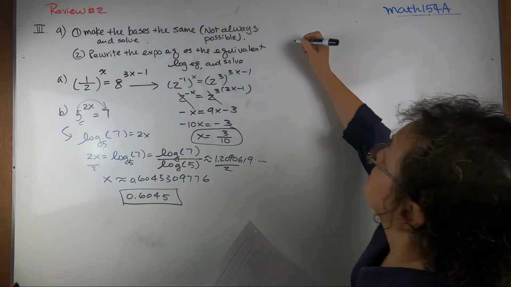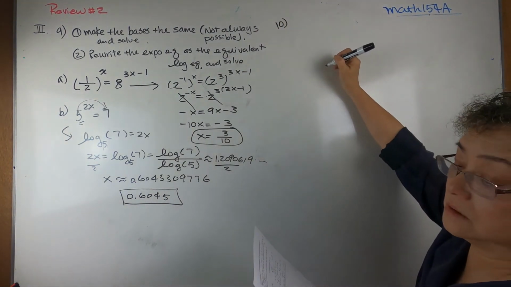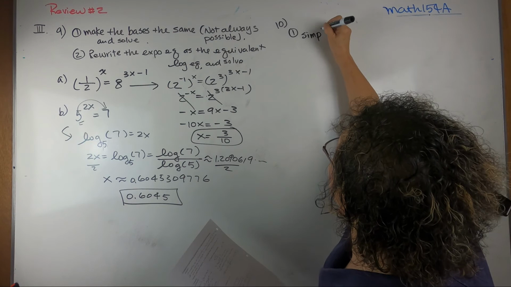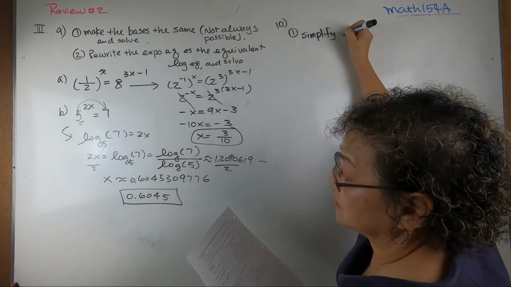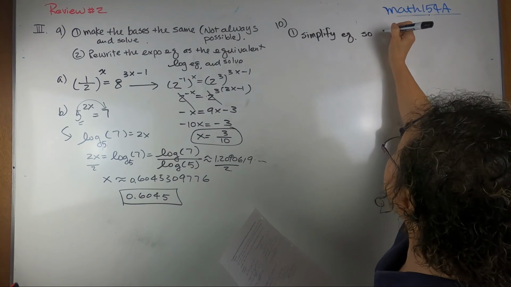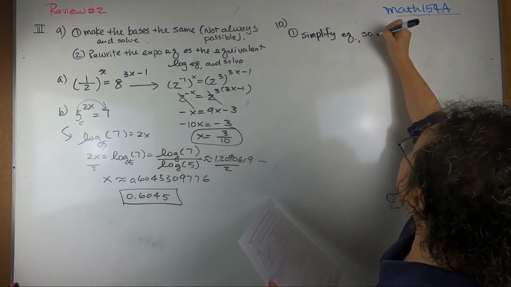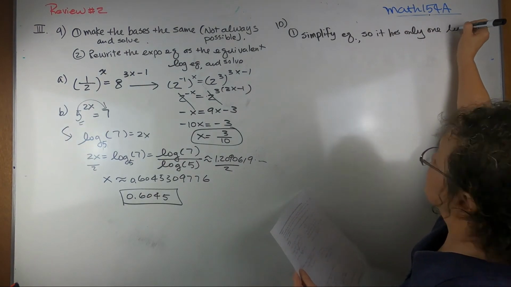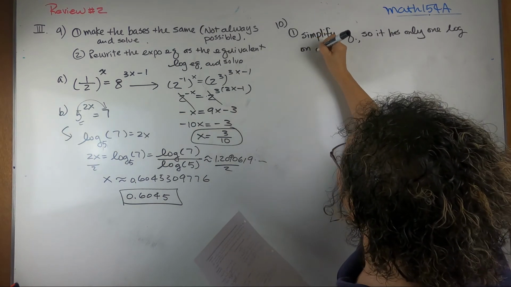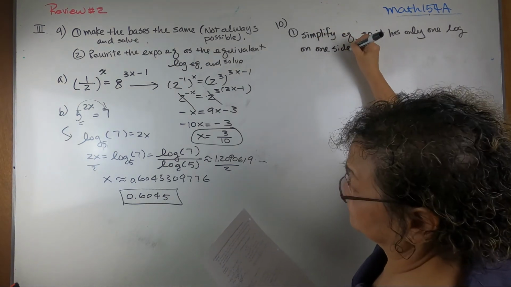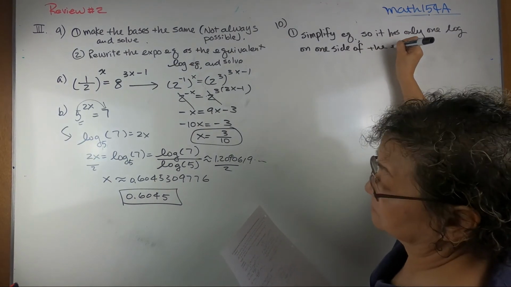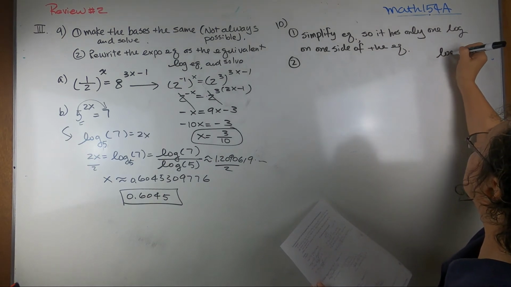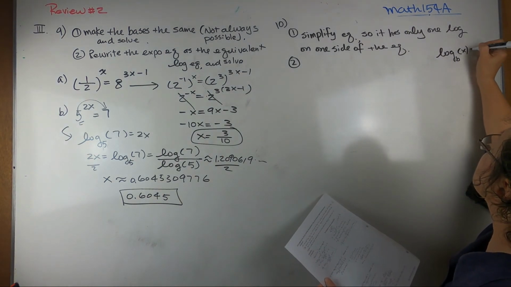All right. Then let's solve some log equations. So what's the method for the log? Okay. First you make one side a simple log. Simplify the equation so it has only one log on one side of the equation. Right? Then you have some log base b of x equals y.